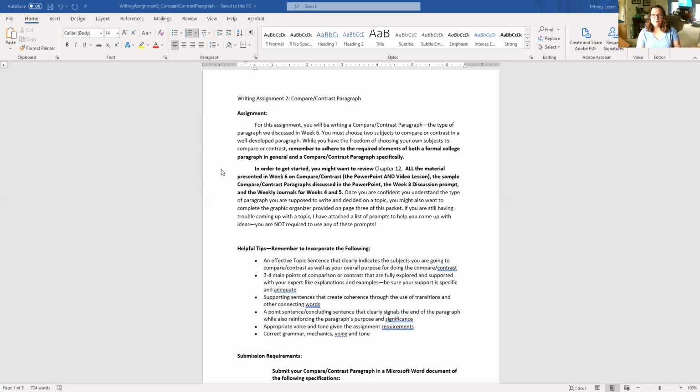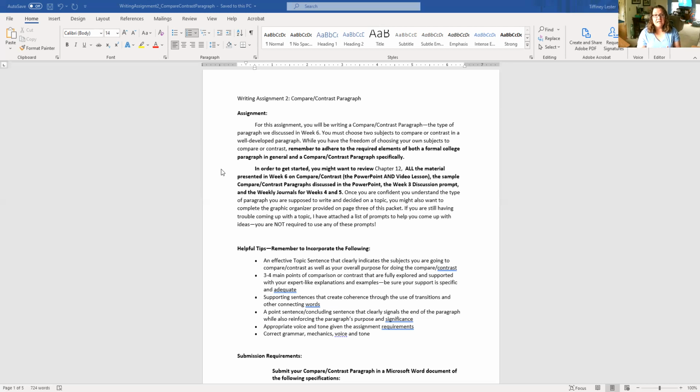When you go to type your paragraph up, obviously you have to make sure that you're doing it as a correct compare-contrast item, but you also want to make sure you include all of those general paragraph elements that we learned about in weeks 1 through 4. You need to have a solid, focused and specific topic sentence that clearly tells me the two things you're going to compare and contrast, and it needs to make it clear if you're going to be looking at similarities or differences.